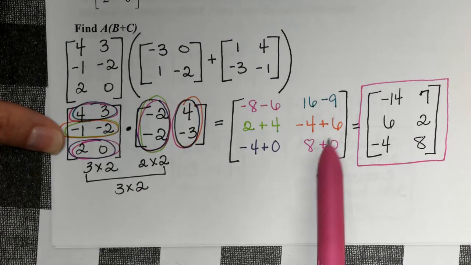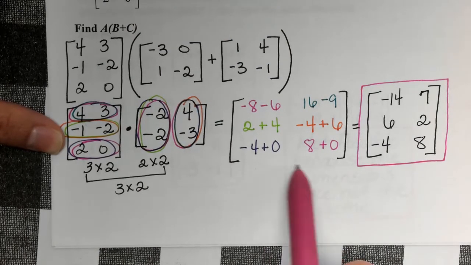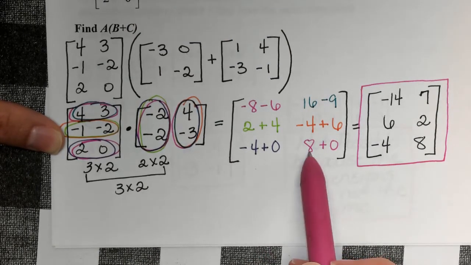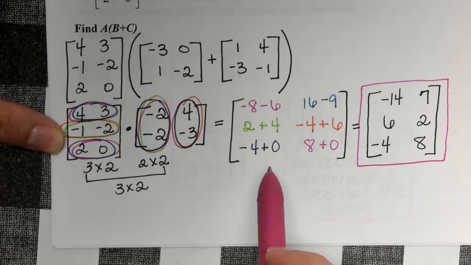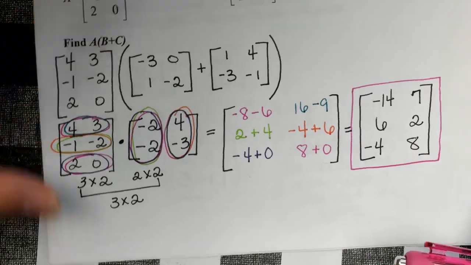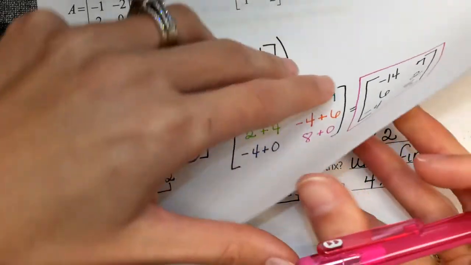Now, I'm going to be lenient and you don't have to show me this, but I recommend it. Okay? I would say, especially on a quiz or a test, it doesn't hurt to do that.